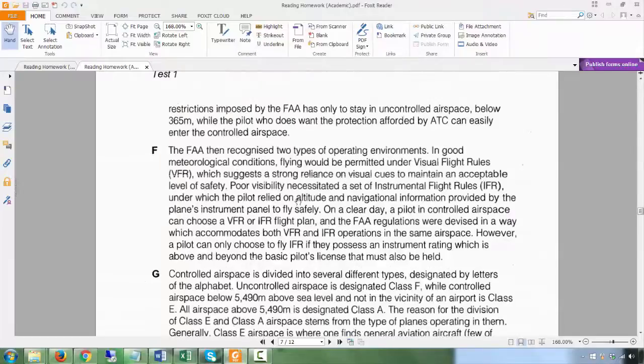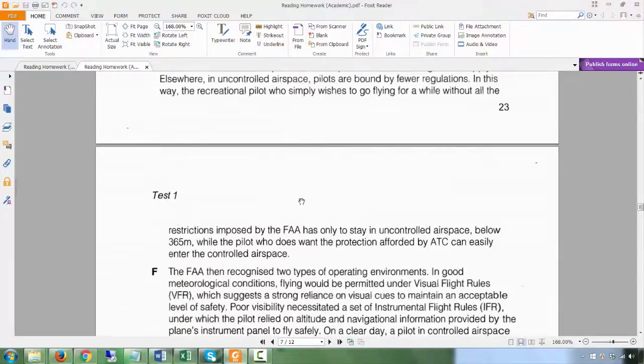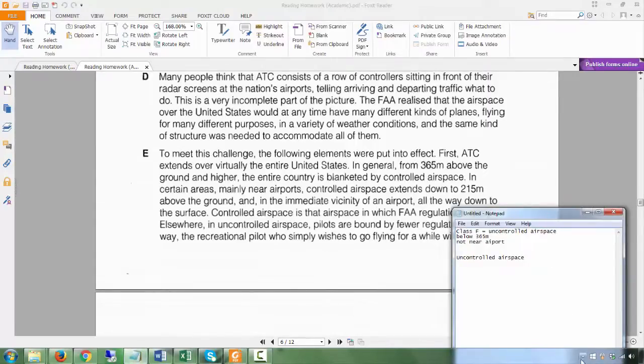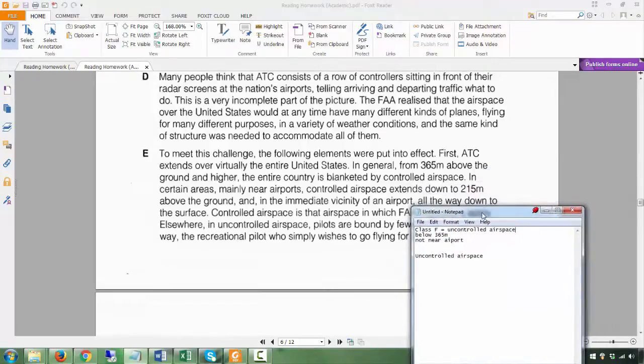Then going back to E, in general, from 365 meters above the ground and high, the entire country is blanketed by controlled airspace. In certain areas, mainly near airports, controlled airspace extends down.